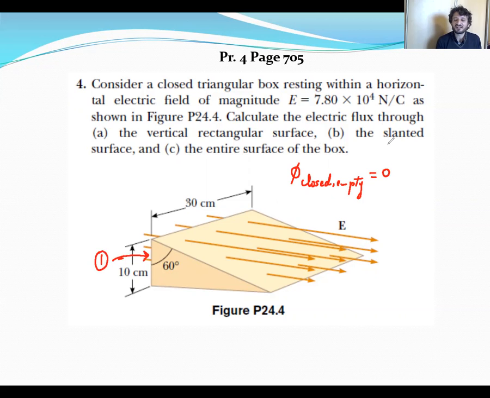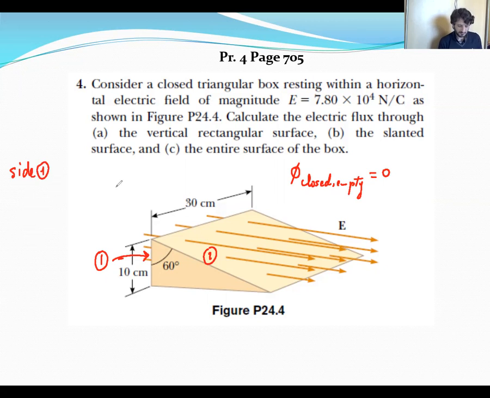Part 2, the slanted surface, the inclined plane surface. And part C, we have to calculate the entire surface, the total flux through the object. So let's take, first of all, side 1.